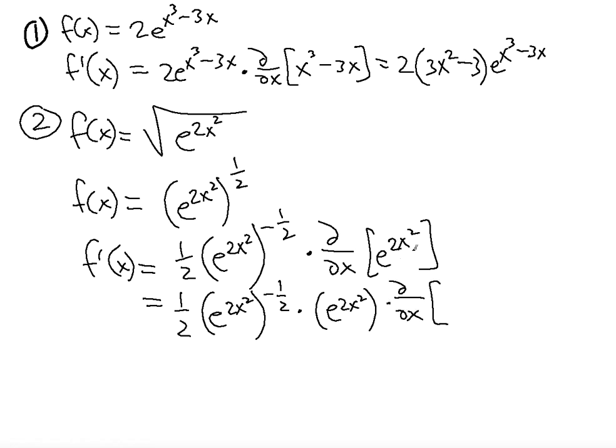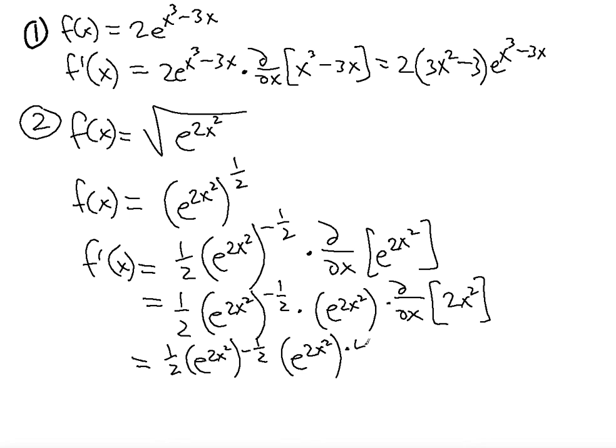So now I'm going to take the derivative of the 2x squared, because we're going all the way inside, right? We're going to the power. So that is equal to, let's see, I'm going to copy this, 1/2 e to the 2x squared to the negative 1/2 multiplied by e to the 2x squared times the derivative, which is 4x.